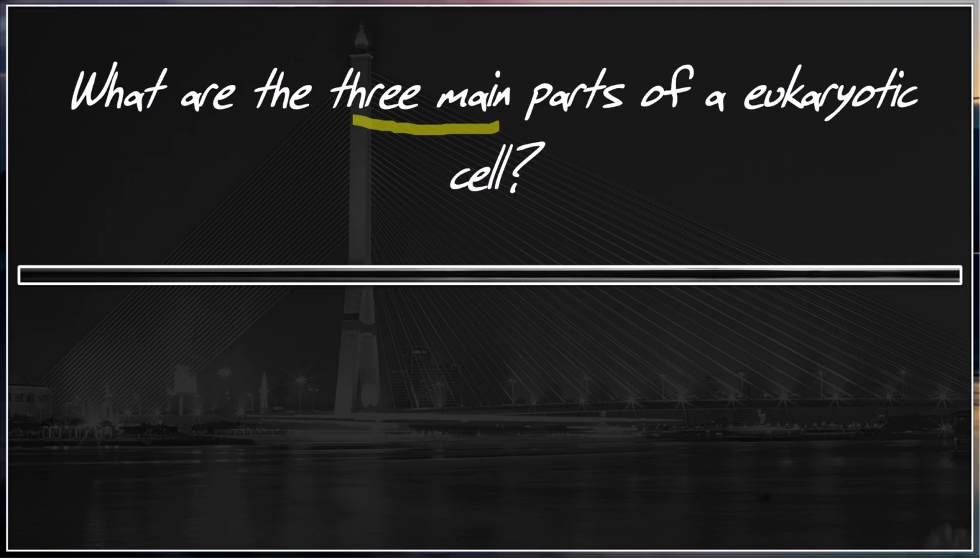What are the three main parts of the eukaryotic cell?